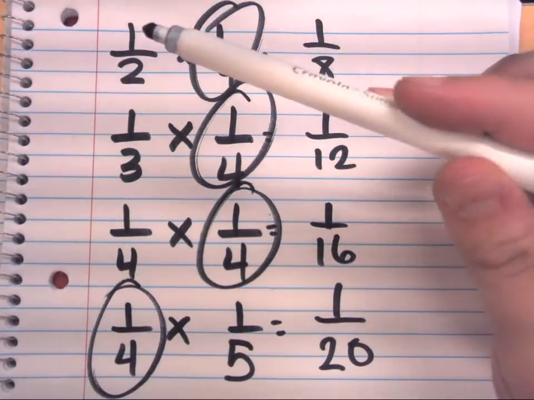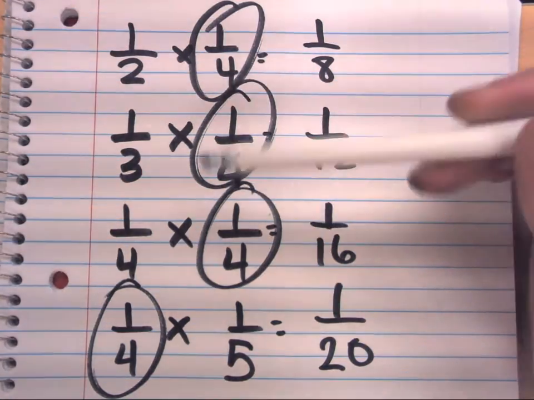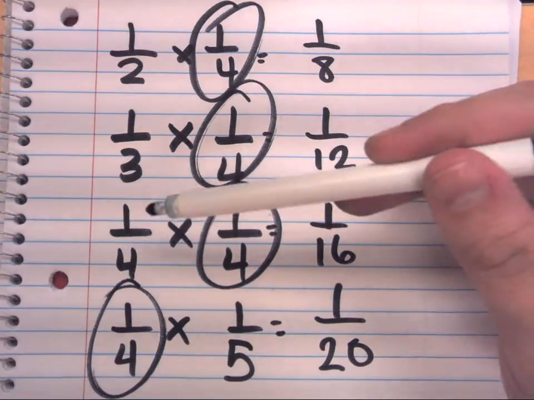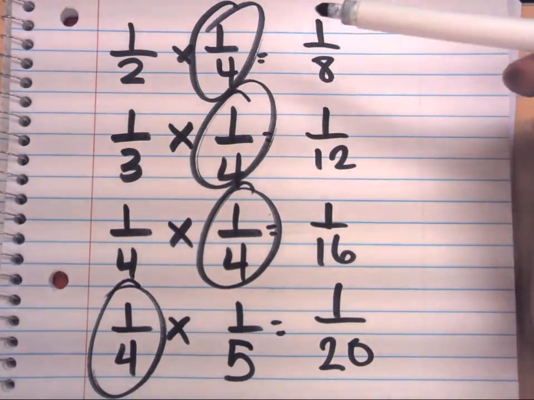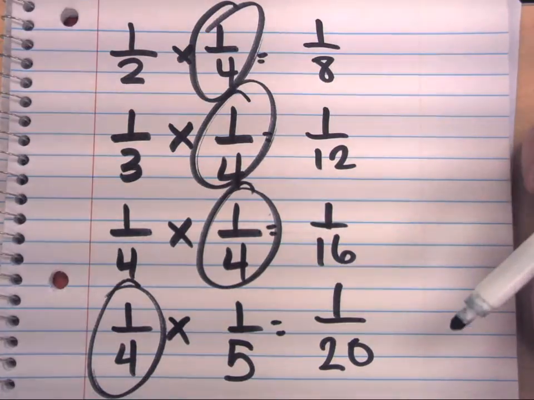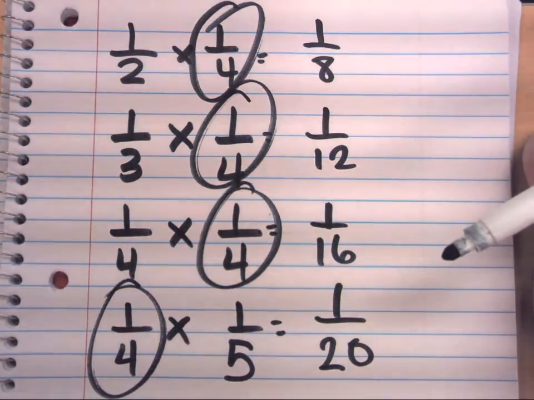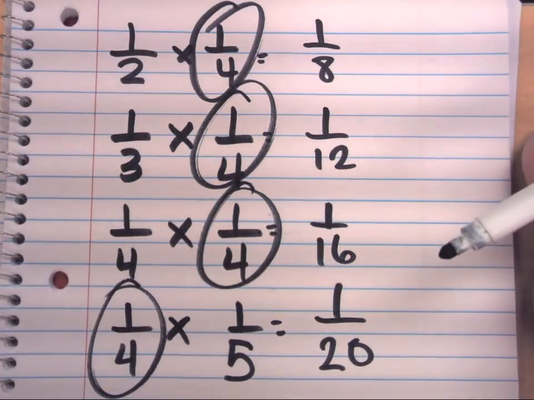We realized that the other factor in each expression is getting smaller. And that is making the product get smaller. And so this is a little bit of a foreshadowing of the idea of multiplication as scaling.